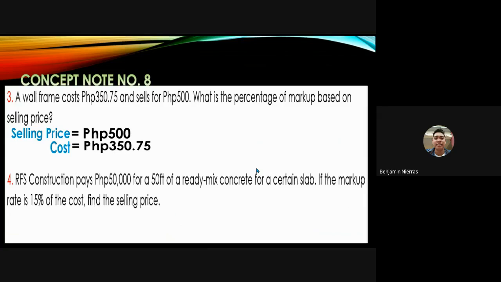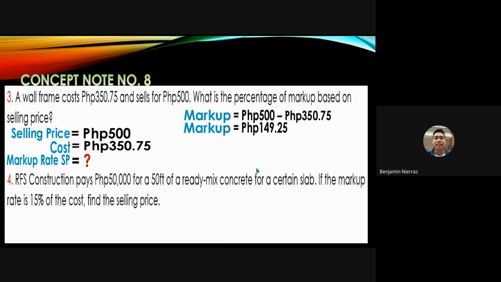But we are looking for the markup rate based on selling price. So simply reduce 500 by 350.75, then divide by selling price. So that is the markup rate. So markup is simply the difference of 500 pesos and the cost 350.75. So that is 149.25.